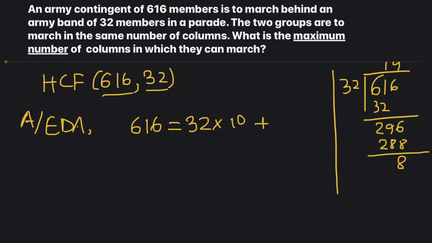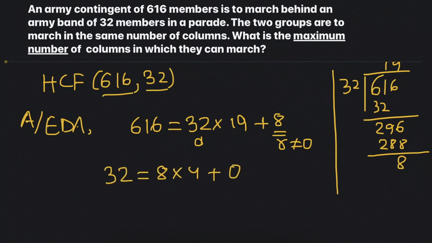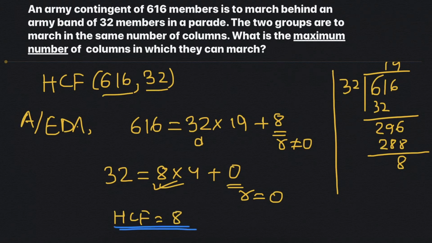We have 19 times, remainder 8. Again, dividing 32 by 8, we have remainder equal to 0. So the HCF is 8. So the maximum number of columns in which they can march is 8.